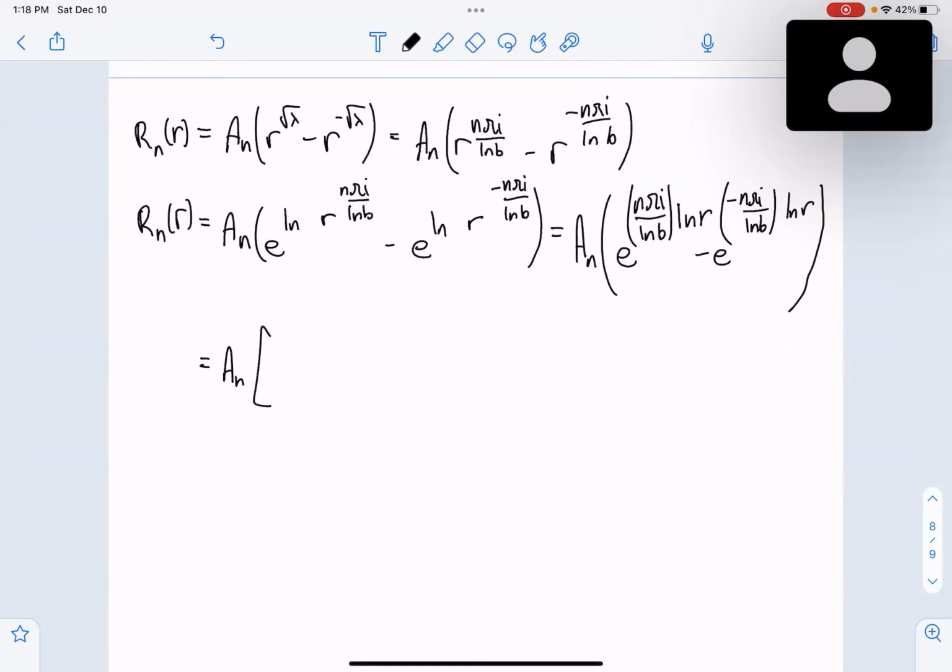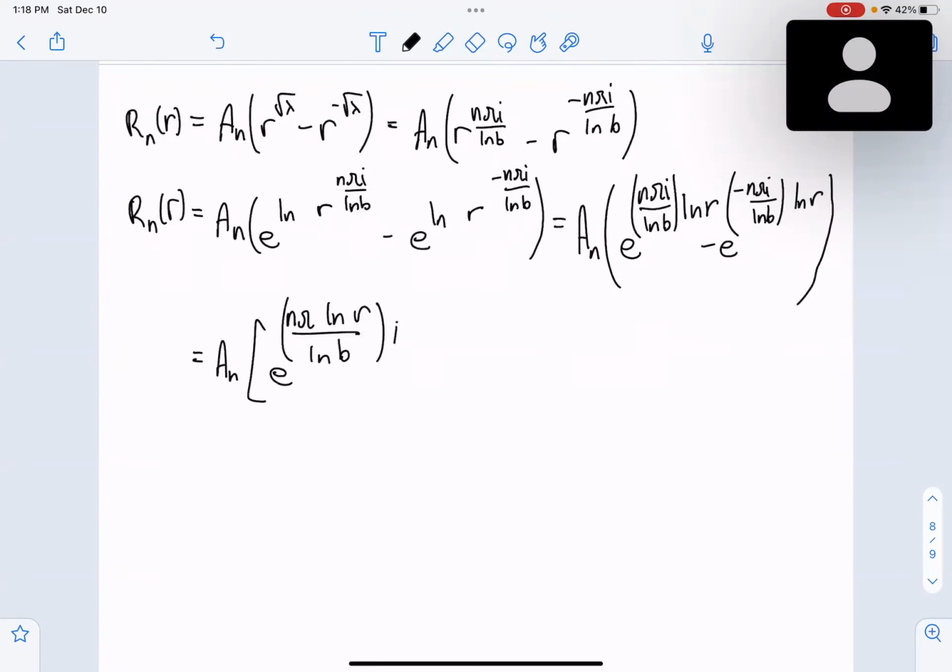It's not exactly the same here, but it's good to try to make those comparisons. So here we have an e to the n pi ln r over ln b times i minus e to the negative n pi ln r over ln b i.